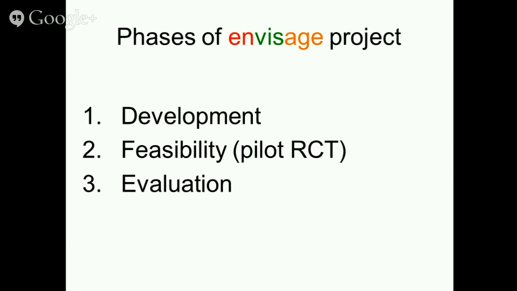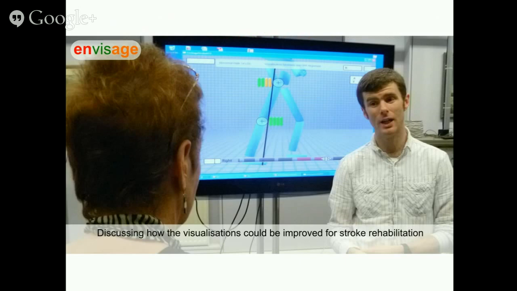And then we evaluated the whole project both quantitatively and qualitatively. So here you can see one of our user workshops with our research fellow Bruce Carse discussing how the visualization that you can see on the screen behind him was interpreted.